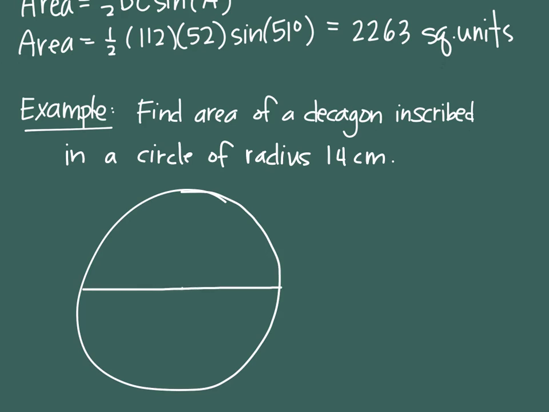Okay, if I know the radius of that circle is 14, then if I draw a line through the center, both sides of that are going to be 14 according to what radiuses are. And then a decagon, because there will be 10 sides, 5 of them will be on the top and 5 of them will be on the bottom. So it'll be something like this.